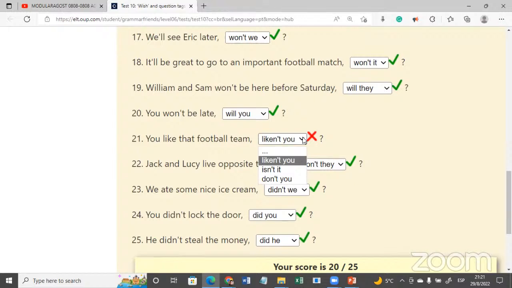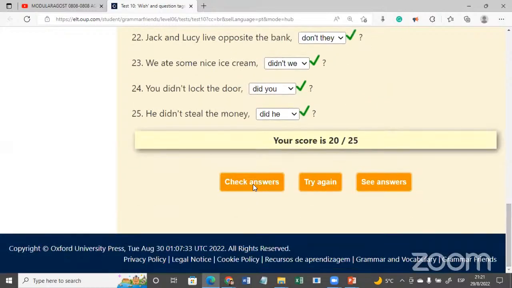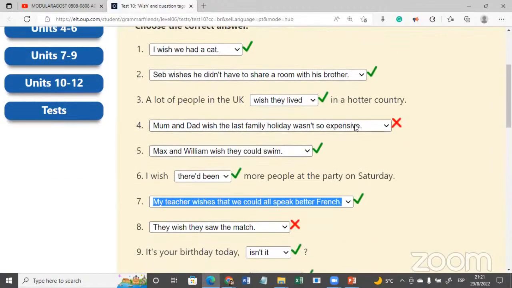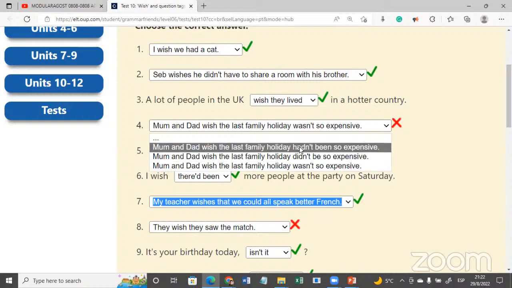The third one. Okay. Let's check. There are two. This must be this one, right?